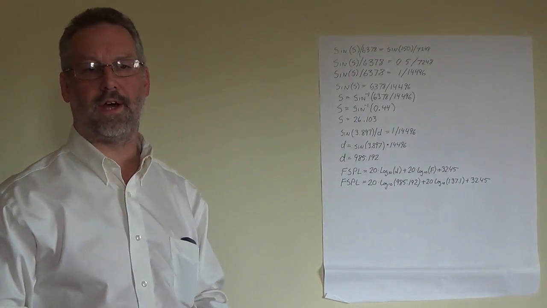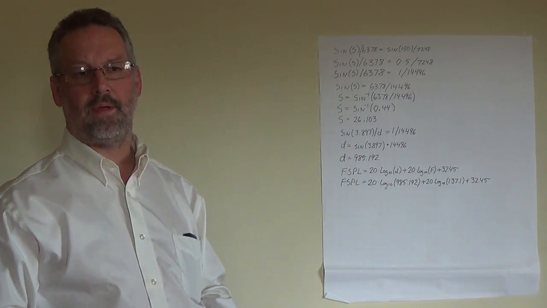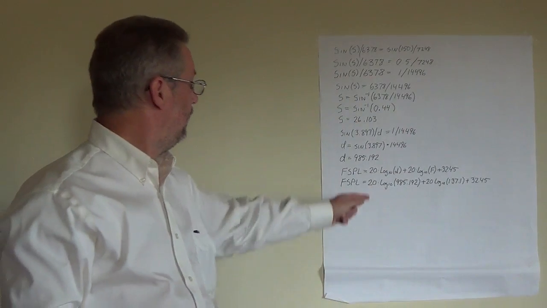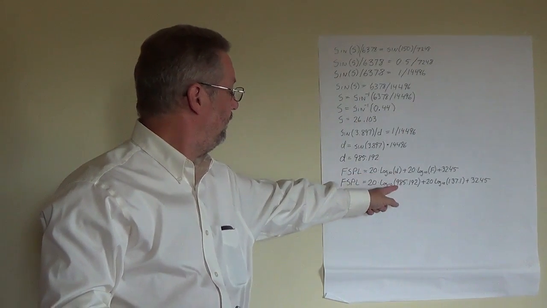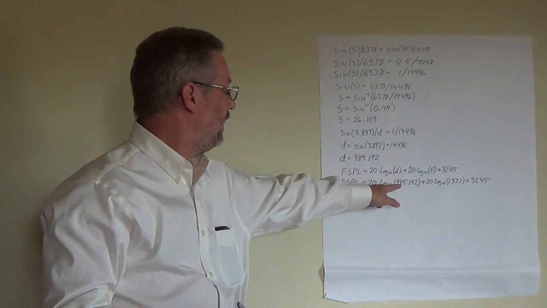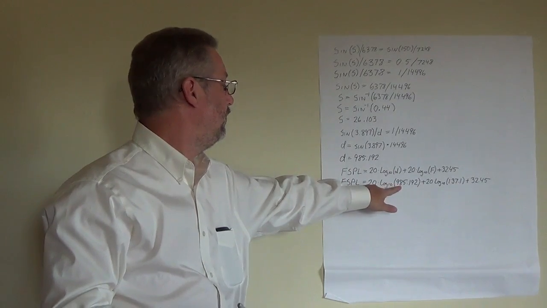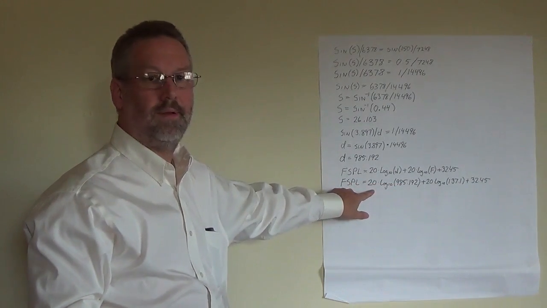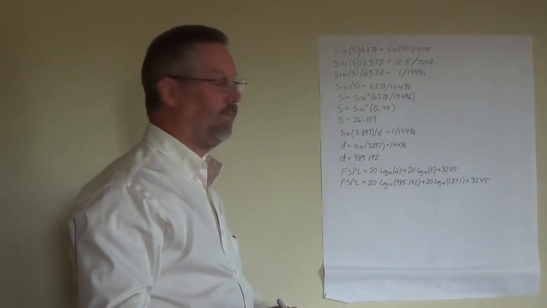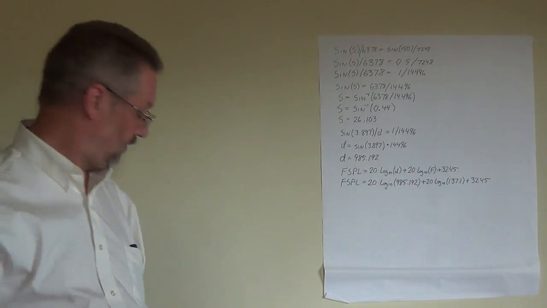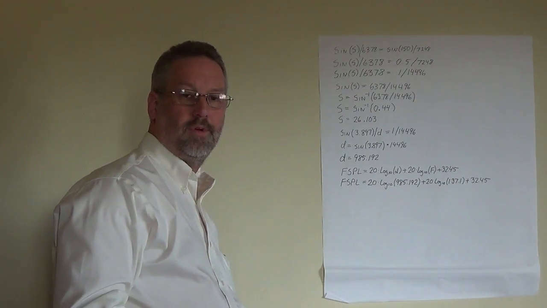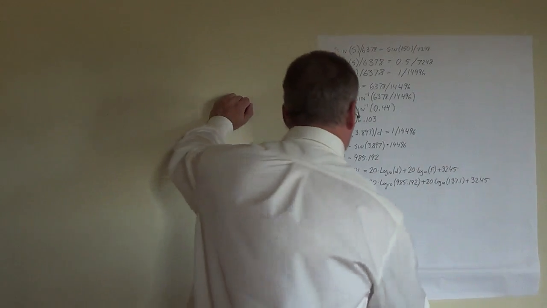Now this is where a good calculator will come in handy, because you just basically plug the number, get the log 10 of 985.192, multiply it by 20, and do it with each term. So let me restate that using the numbers that we get from the calculator.